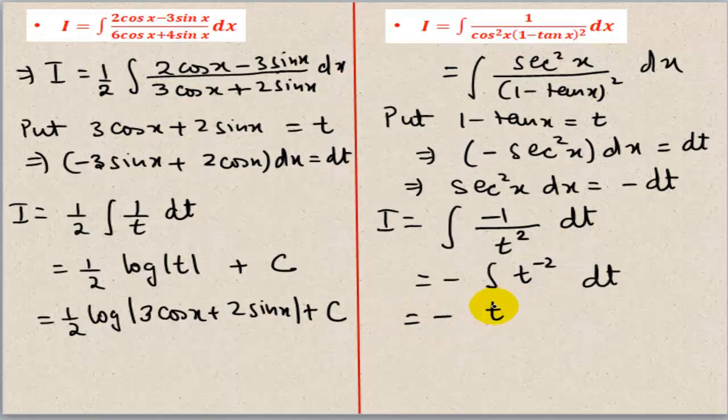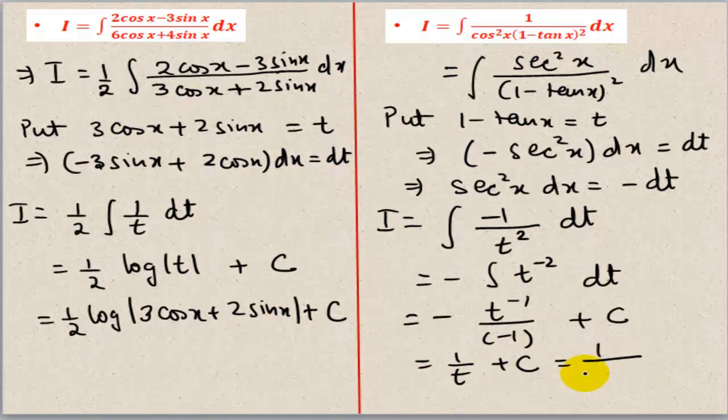The integral will come out to be t with an exponent minus 2 plus 1, which is minus 1, divided by minus 1 plus constant of integration. So you can see this on simplification reduces to 1 over t plus constant of integration. Now replace t by its value. So it is 1 over 1 minus tan x plus constant of integration.